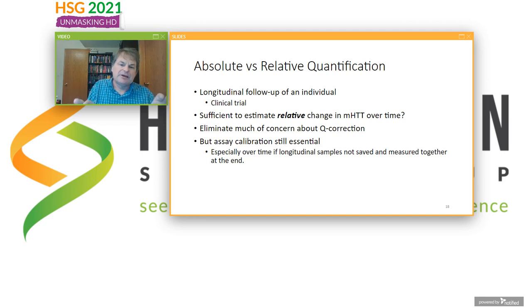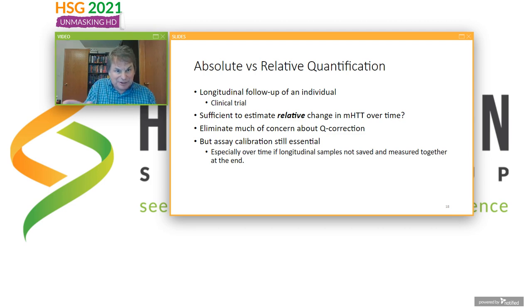So in theory, that might eliminate some of the concern about correcting for Q length, but that still really only works in an experimental situation where we're going to save up the samples, the specimens, and run them all at the end within the same assay.